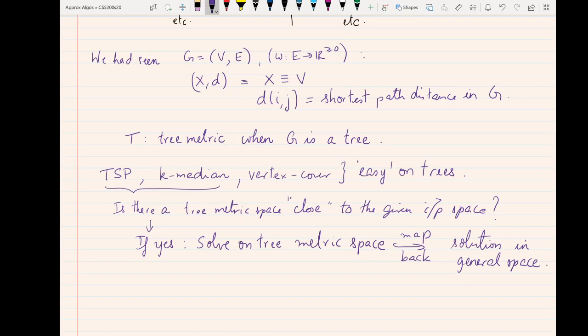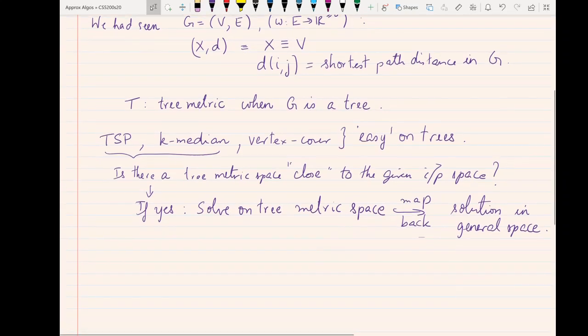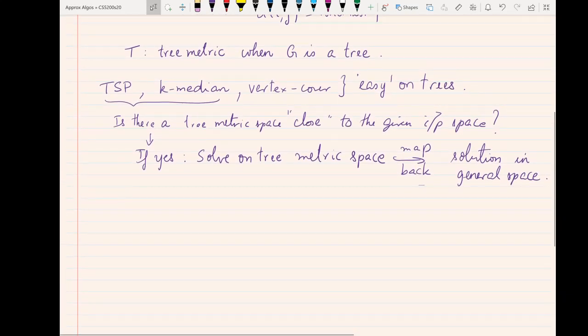Of course, you will possibly lose some factor in mapping this back, which is where your approximation factor will come in. So this motivates the following question.